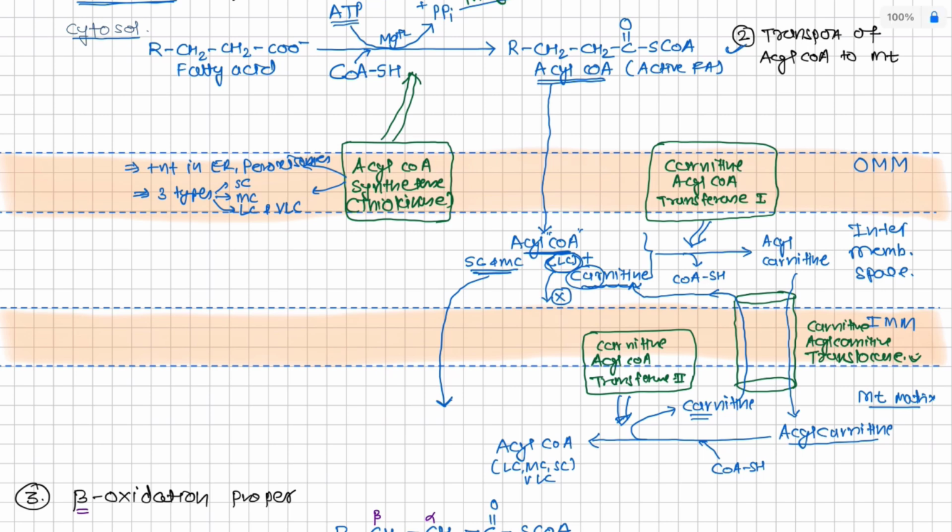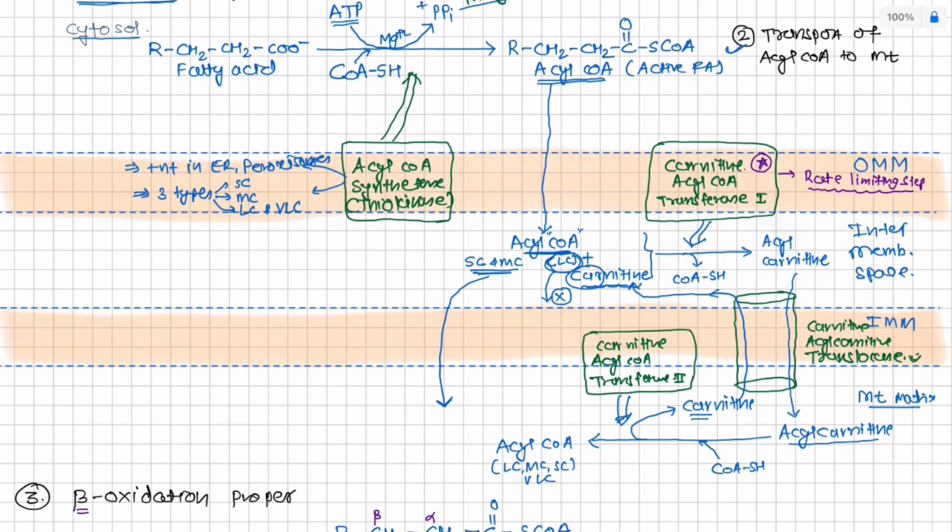See, in this entire series of beta oxidation reactions, this particular enzyme is the slowest acting enzyme. So that means we can say that this particular step is the rate limiting step. And generally it is observed that whichever step is a rate limiting step, it is a target for regulation.